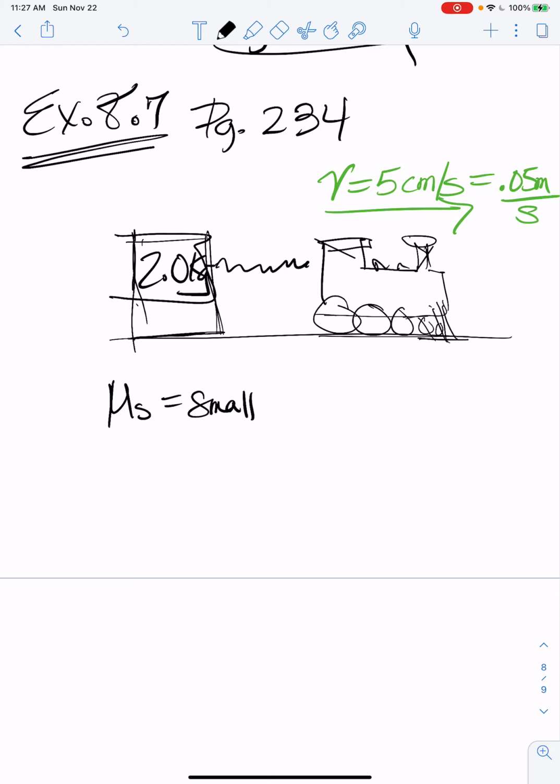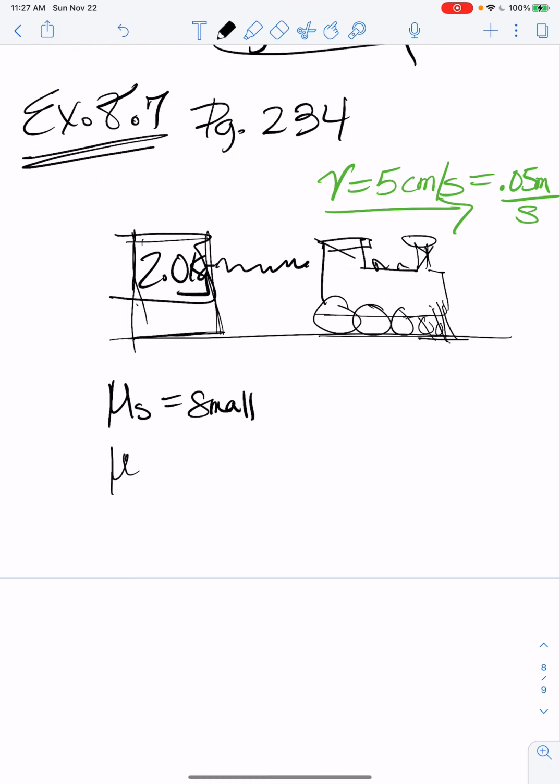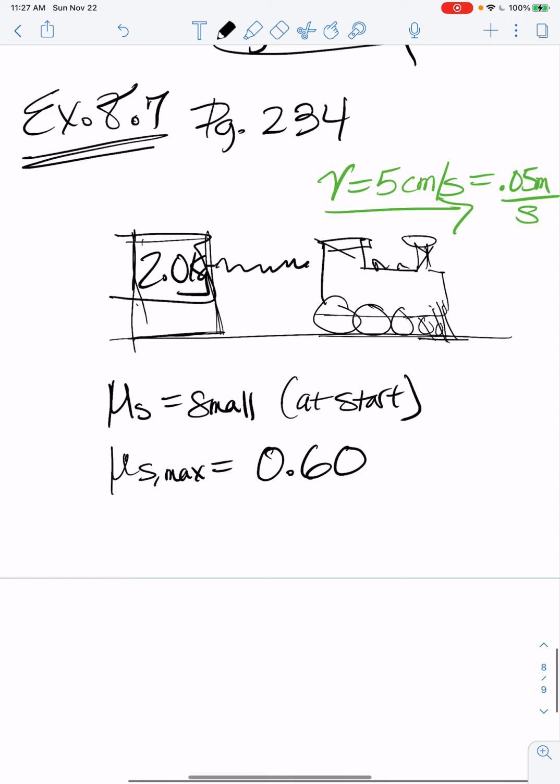So it's going to get so large that it's going to get to a point where mu static hits a mu static max. And we know that this is, I think it's 0.6. They tell us, yeah, 0.60. All right, so it's the coefficient of static friction, doesn't have units, and it's going to hit this 0.60, and then the mass is going to start to move, right? That's as much frictional force as you're going to get.